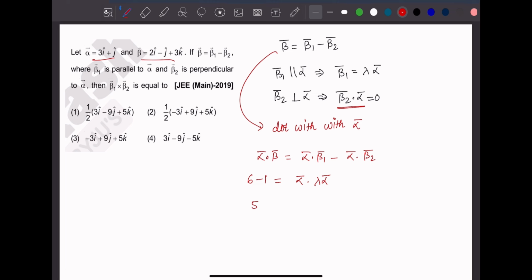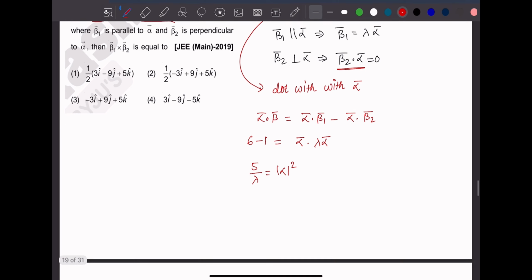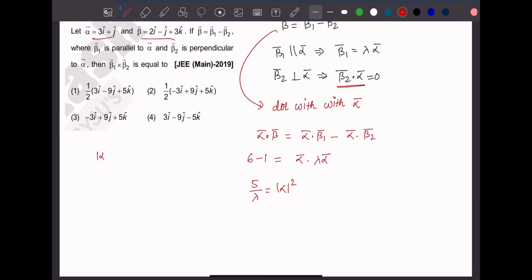So we get 5 is equal to lambda times magnitude of alpha square, because alpha dot alpha is magnitude of alpha square. Magnitude of alpha square is 9 plus 1, we are getting 10, which means 5 is equal to 10 lambda. So that implies lambda value is equal to 1 by 2.